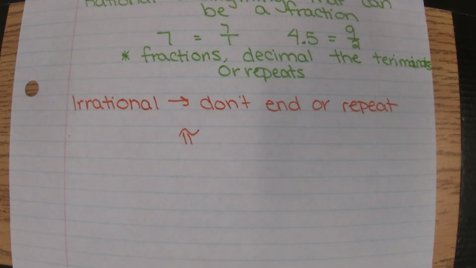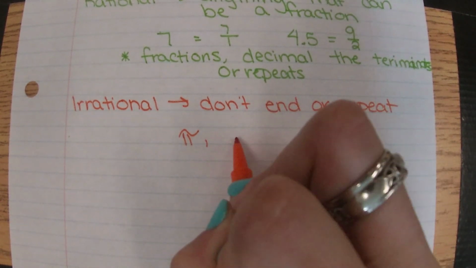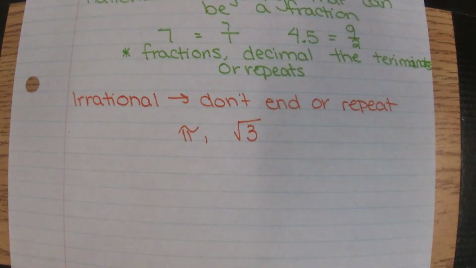We approximate it as 3.14, but really it's a number that we can't write down. It goes on forever. There's no repeat. There's no end. Okay, this is also true of some of our square roots. So maybe like the square root of 3, the square root of 7, anything that's not a perfect square. That falls into our irrational number sets as well.